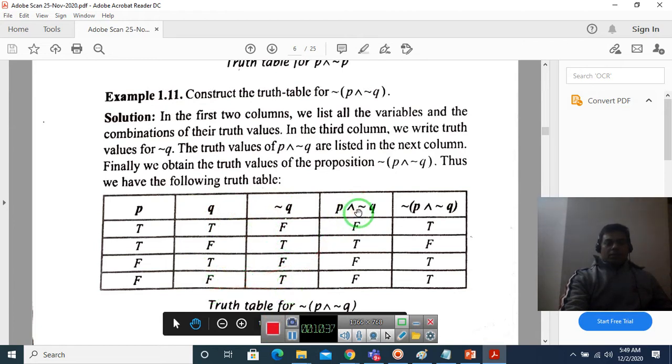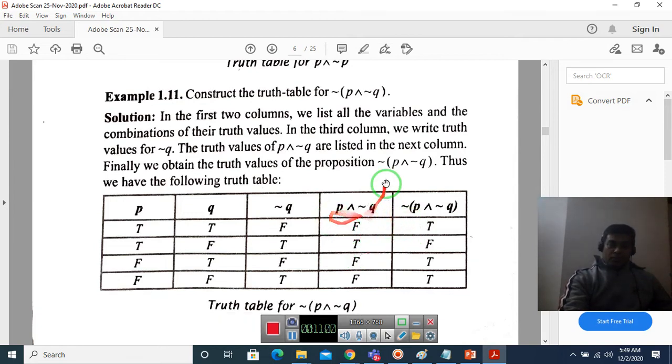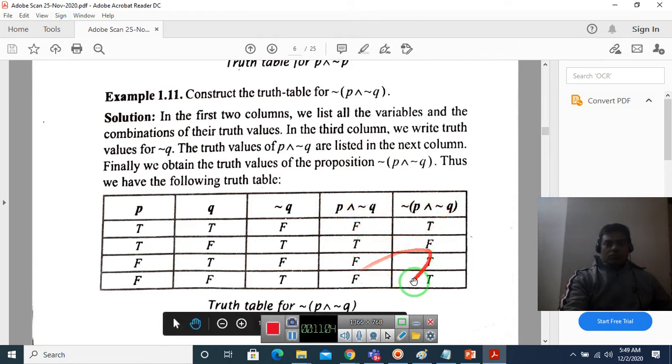Then P conjunction with the negation of Q. In the conjunction, only when both are true will the result be true; otherwise the rest of the combinations are false. After that we find the negation: true, false, true, true.